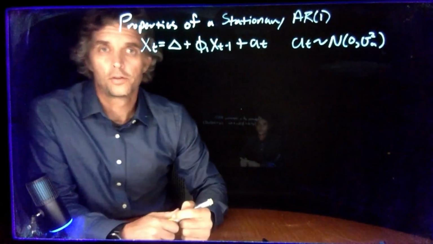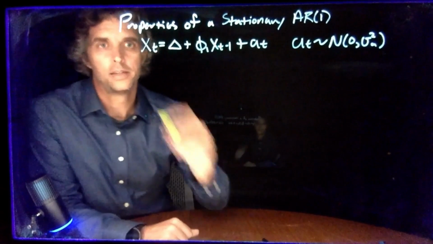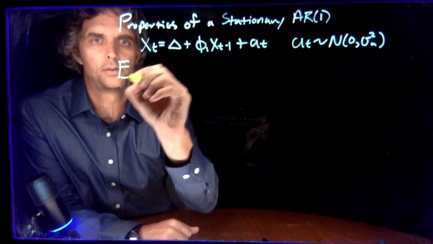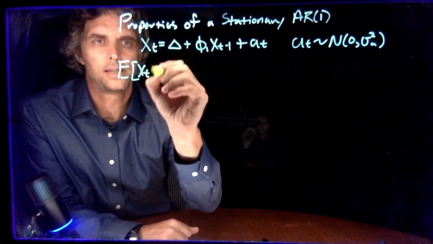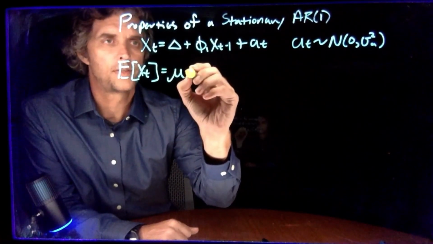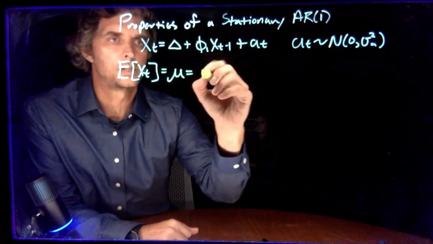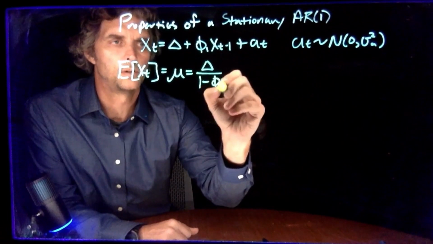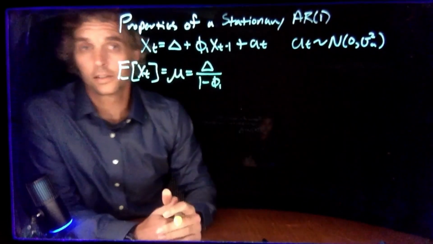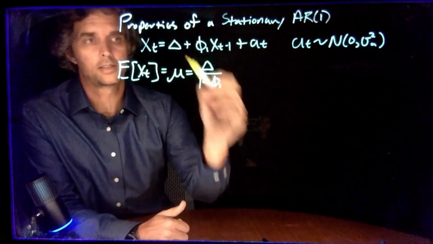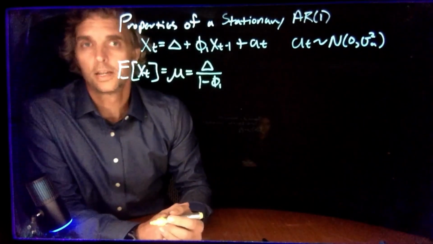Okay, so the first property I'd like to show is that we know the expected value of xt equals mu, but I'd like to show that under this parameterization, that equals delta over 1 minus phi1. That is, when the model can be written like this, the constant mean is delta divided by 1 minus phi1.